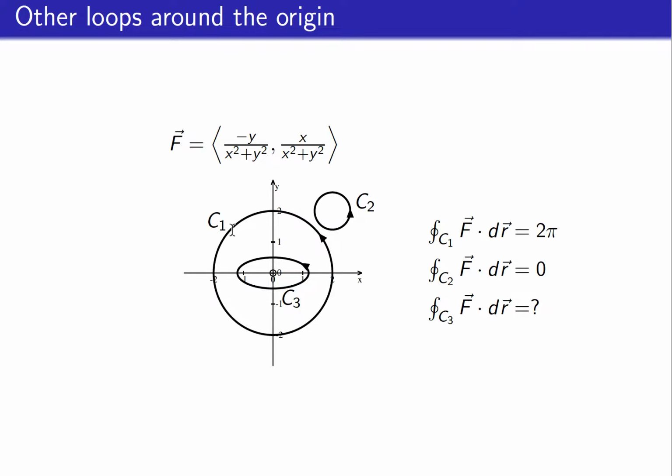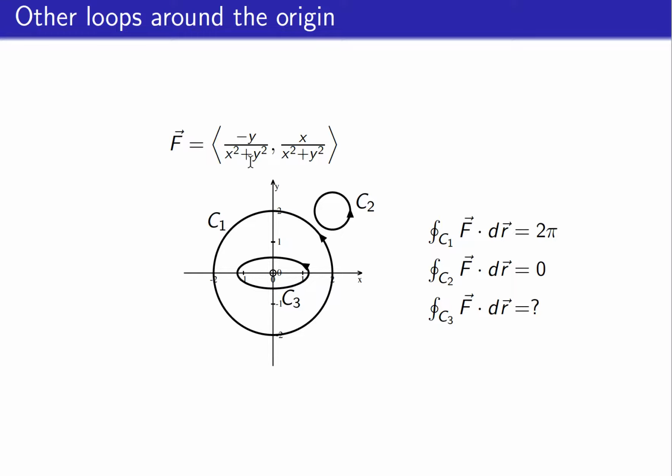Okay, so we talked about integrals on a curve called C1. That was 2 pi. Let's do an integral on C2. Now C2 encloses a disk-shaped region, and in this region, everything's fine.